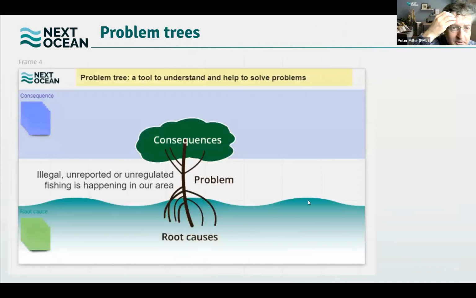Just to focus in on problem trees, we found this a useful probing tool for getting people to think about their own problem. For instance, if illegal fishing happening in their area is a problem, then we ask people to identify what they saw as the root causes and the consequences of that.